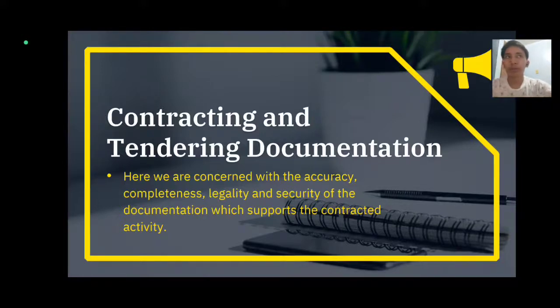Dito, in-ensure natin na dapat accurate and legal yung contract na i-document natin or yung ibibigay natin sa isang person or sa isang party. And dapat secured talaga na walang magli-leak or anuman na mangyari dun sa document na gagawin.